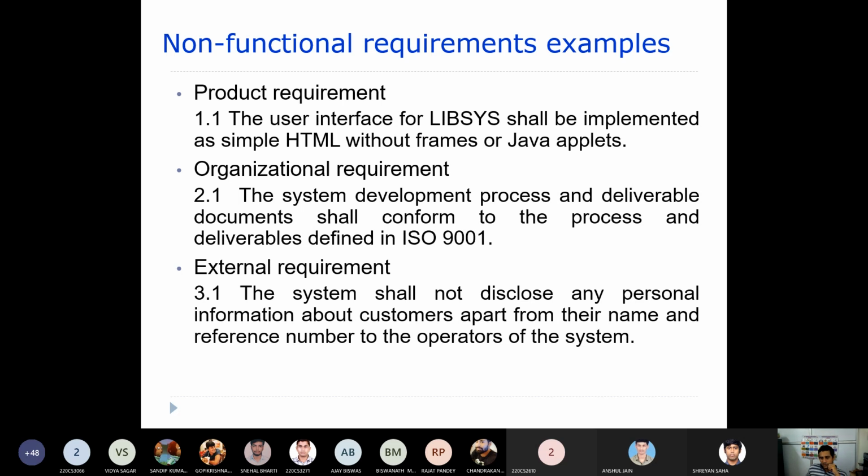Sir, but each client group need not have any engineers. Suppose a medicine shop owner wants to have a software, then who will be the client engineer in that case? Yeah, in that case, usually for small projects, many things will not be there. Usually you do not even go with an SRS if it is a very small software.